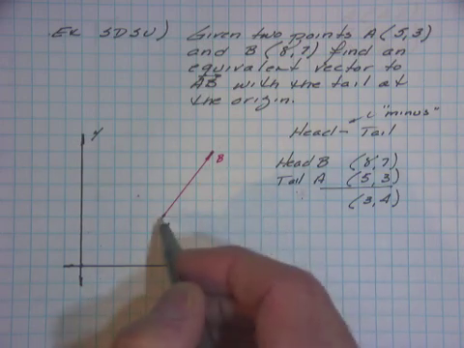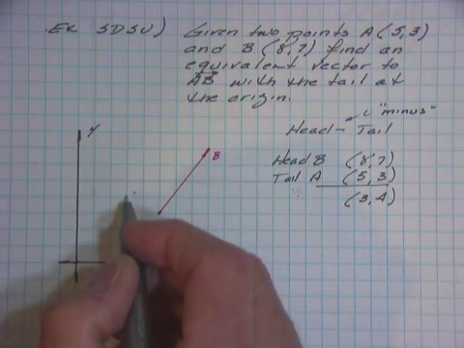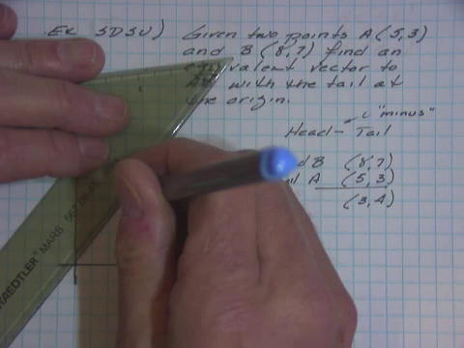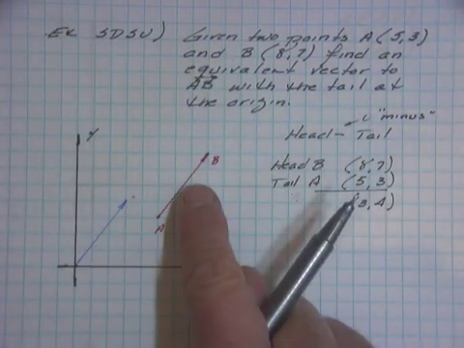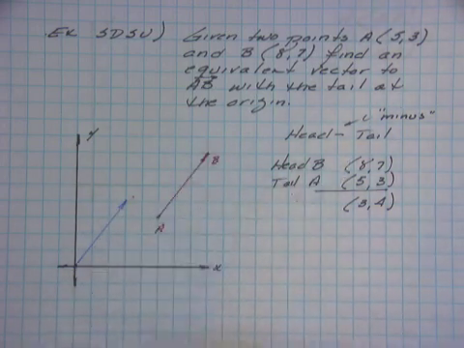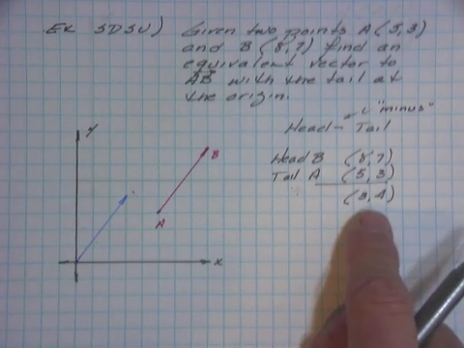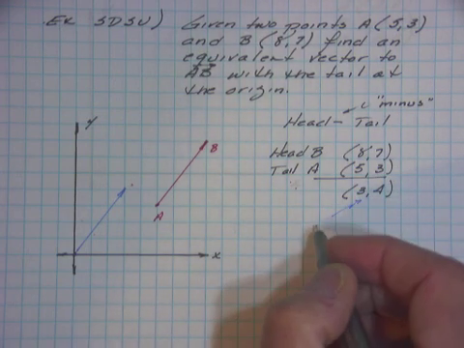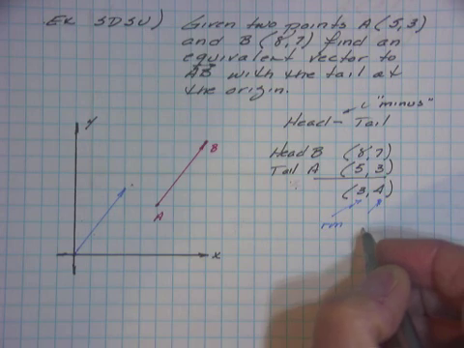I want the vector coming off the origin to be the same length and same direction. Well, think of this like the slope of a line. To go from A to B, I go over 3 and up 4. So I can just go over 3 and up 4. And there's the head of my new vector. Look at how these are the same, because I went over 3, up 4 here, over 3, up 4 there.